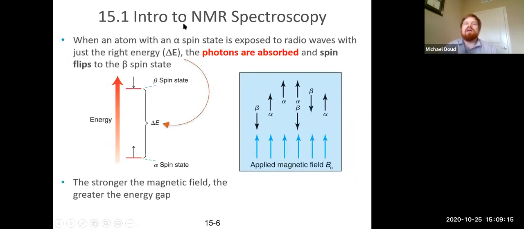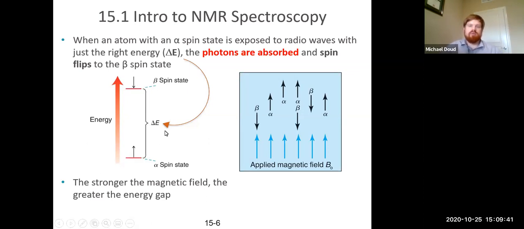So if you have a nucleus that has the alpha spin state and it's exposed to radio waves of the exact right energy to add this energy to get you to the beta, the photons are going to be absorbed and the spin is going to flip from the alpha state to the beta state.